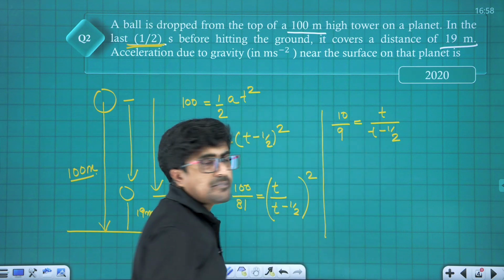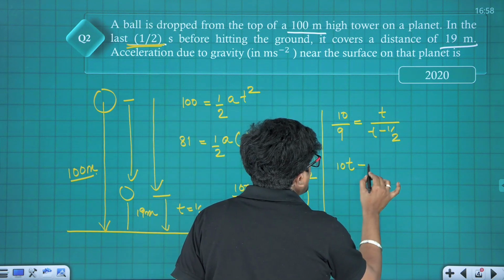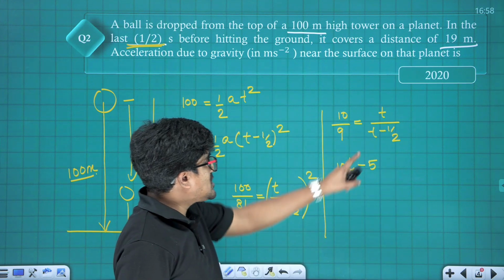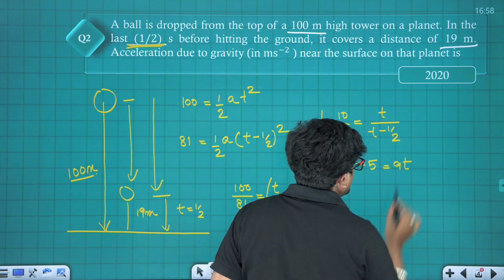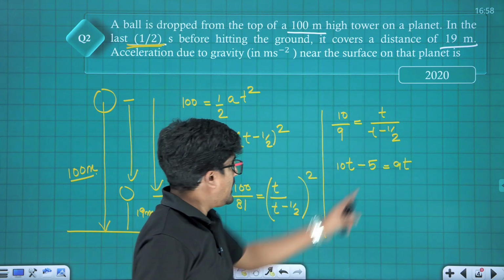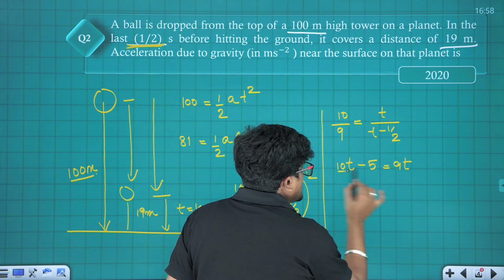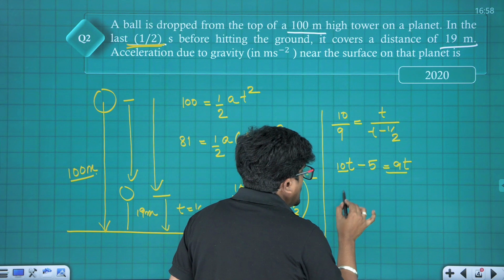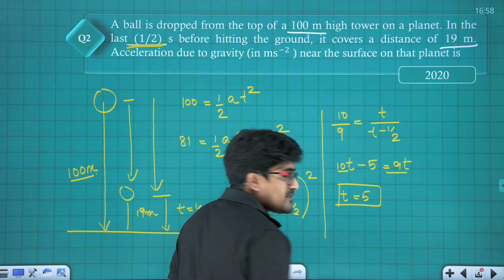Now let me cross multiply. 10 times (t minus 1/2), that is 10t minus 5, is equal to 9 times t. Rearranging, I get small letter t equal to 5.